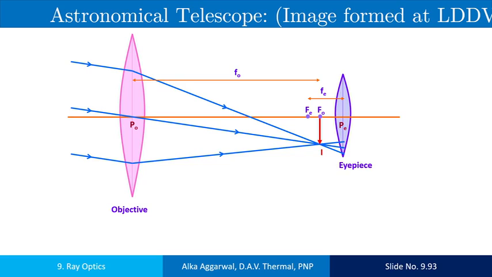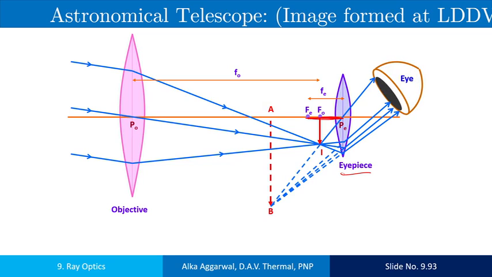This image acts as an object for the eyepiece, and if it is lying between the focal length and the principal focus of the eyepiece, then the image is formed at the least distance of distinct vision. A'B' is the final image.